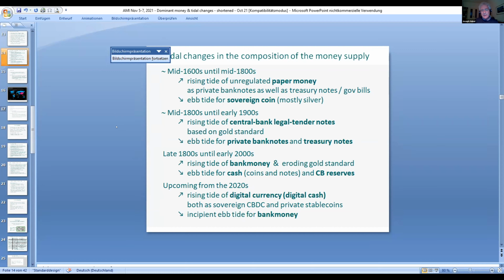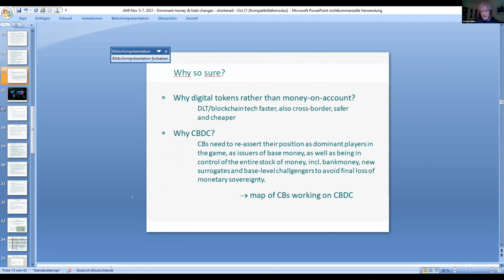And now that's why I think we are actually in a period of transition from the old system to the new one, which brings the rise of CBDC and other types of new money, and then the incipient decline of bank money.